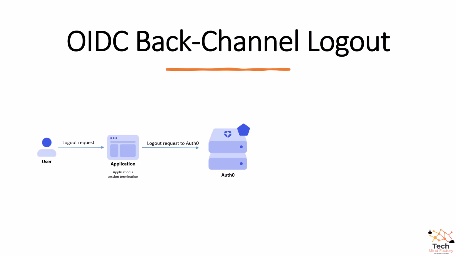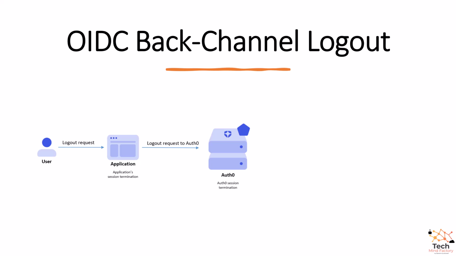An important fact is that the application can terminate the user session immediately, or this application session for the user can be terminated when Auth0 calls this back-channel URI. I'm talking about two possibilities here. The application can instantly terminate the application session, or it can wait until Auth0 calls it after the user is logged out on the Auth0 side.